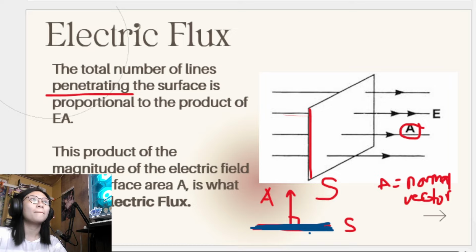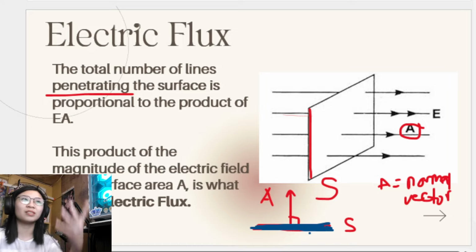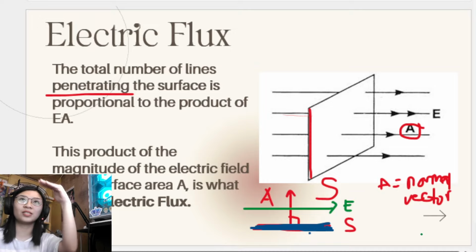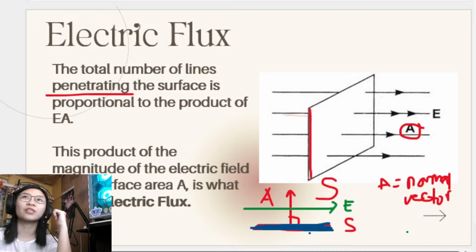But if the electric field lines are parallel to the surface, it will be something like this. Both the surface and the electric field are parallel, and when that happens, you have no electric flux. Why none, ma'am?